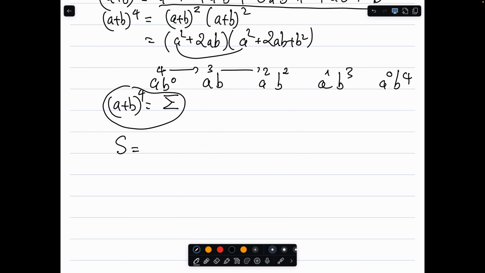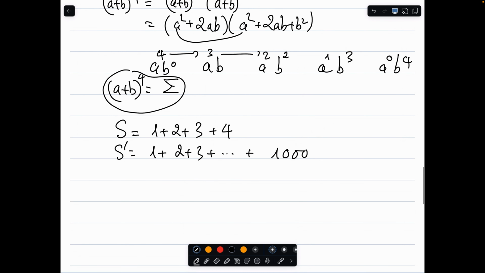This is a sum, right? 1 plus 2 plus 3 plus 4, this is a sum, right? And mathematicians, sometimes they have to deal with this sum, plus 4 dot dot dot plus 1,000 or maybe 1 million, something like this. So writing this way is not nice.